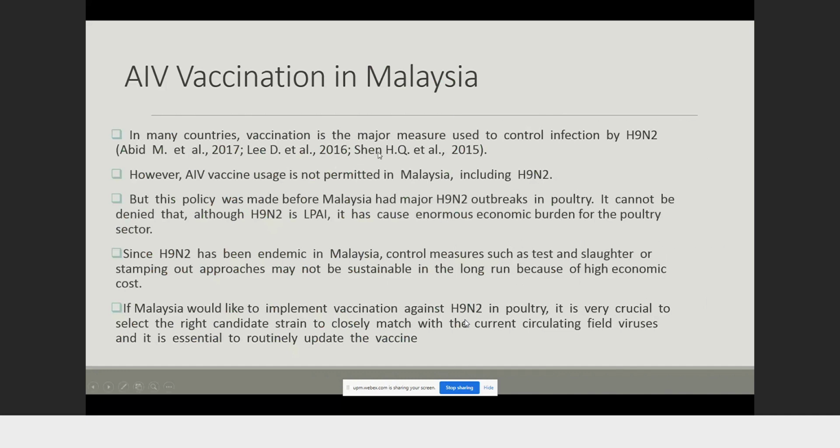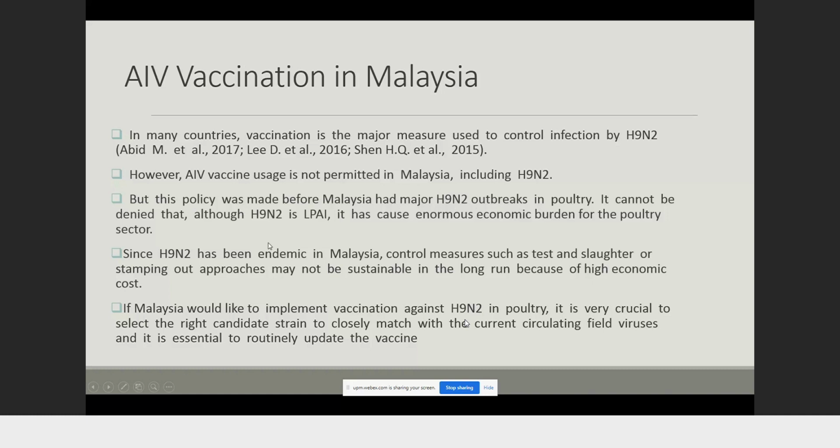In many countries, vaccination is the major control measure, in the case of H9N2. Malaysia so far does not practice vaccination for H9N2, H5, or H7, highly pathogenic or low pathogenic. But in the case of low pathogenic avian influenza H9N2, most countries practice vaccination to control the infection. However, it is still not permitted in Malaysia. But this policy was made before the H9N2 outbreaks in poultry.